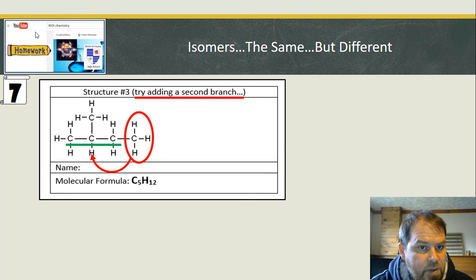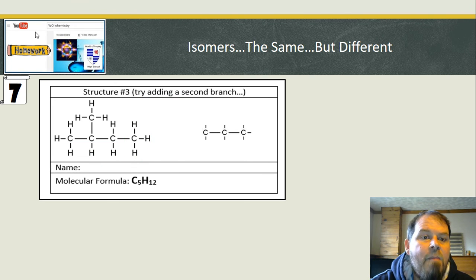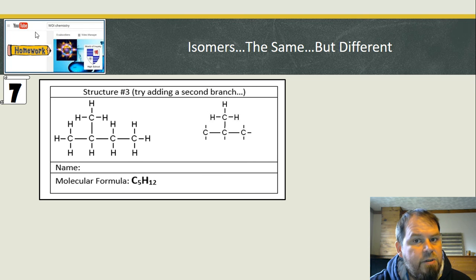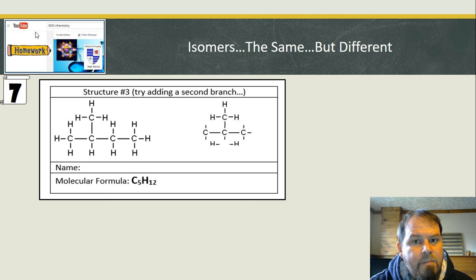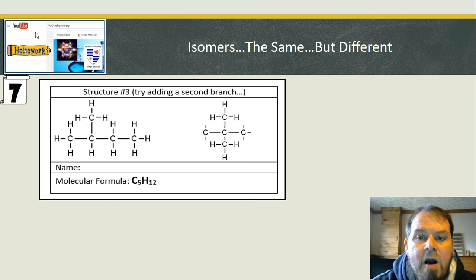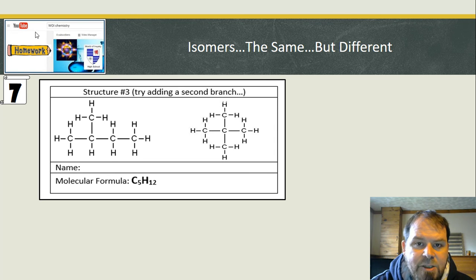That leaves me with this 3-carbon main chain or backbone. So let's start with that 3-carbon main chain. I already made a methyl on the first isomer, and on this one, I'm going to put a methyl on the bottom. There we go. So I have a 3-carbon chain with 2 methyls. Fill in my hydrogens, and it's going to look like this.